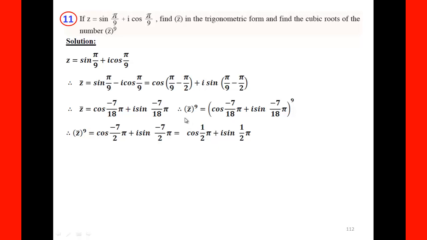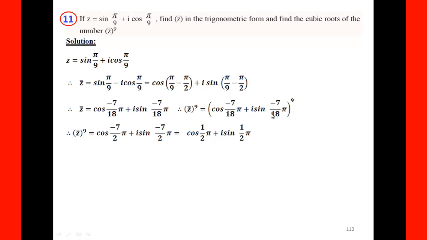And z bar power 9 equals the same number, all power 9. So z bar power 9 equals cosine negative 7 over 2 pi. How do we get it? Multiplying the power by the value of the angle.